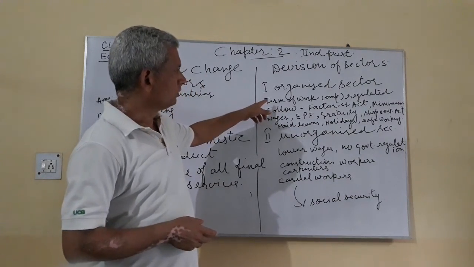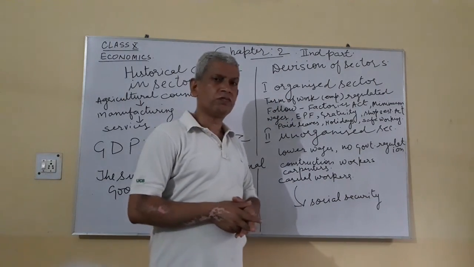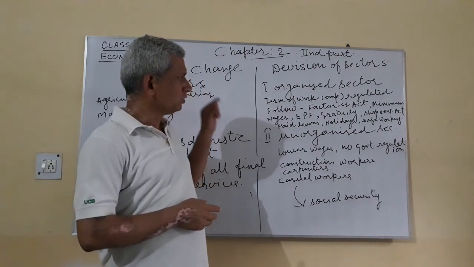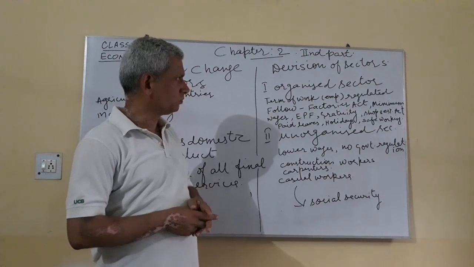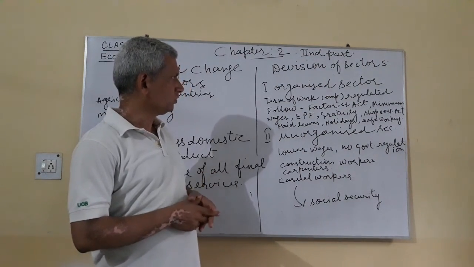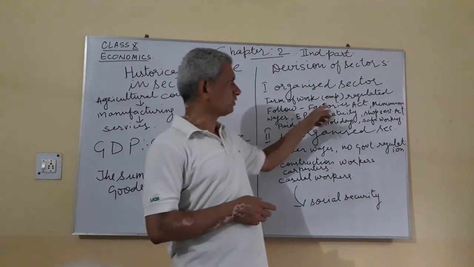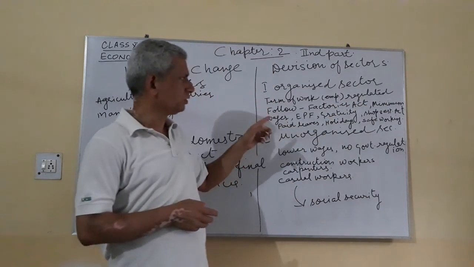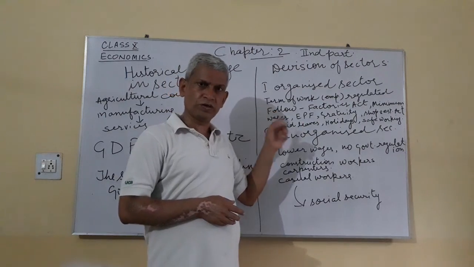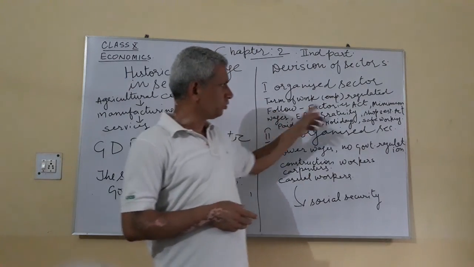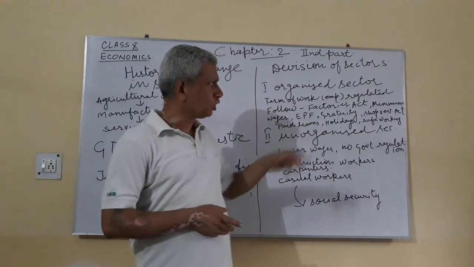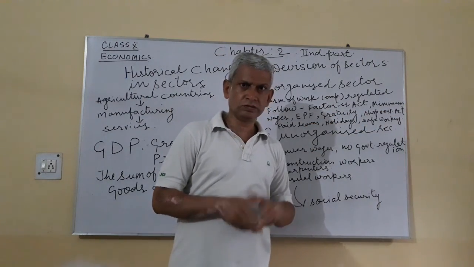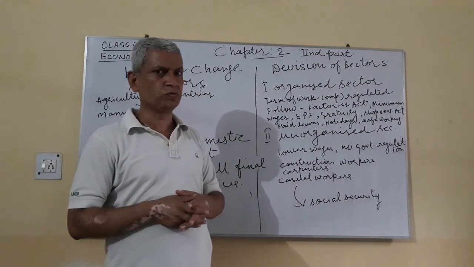In the organized sector, people enjoy various benefits, because this sector follows different rules like the Factories Act, Minimum Wages Act, EPF (Employees Provident Fund), Gratuity, and the Shops and Establishment Act. So this sector is governed by various rules.